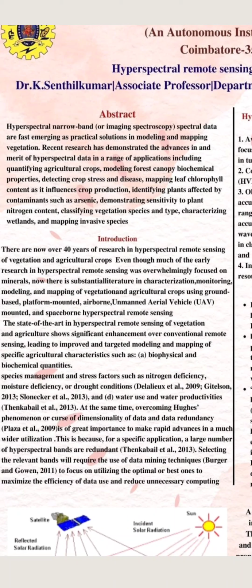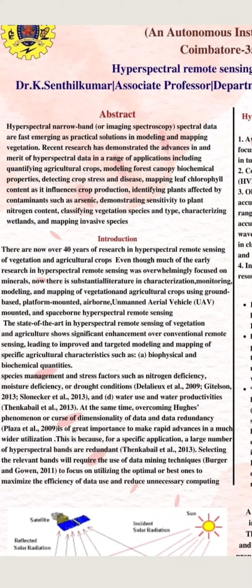Recent research has demonstrated the advances in and merit of hyperspectral data in a range of applications, including quantifying agriculture crops, modeling forest canopy biochemical properties, detecting crop stress and diseases, mapping leaf chlorophyll content as it influences crop production, identifying plants affected by contaminants like arsenic, demonstrating sensitivity to plant nitrogen content, classifying vegetation species and types, etc. Nearly, this research on hyperspectral remote sensing has been there for more than 40 years.